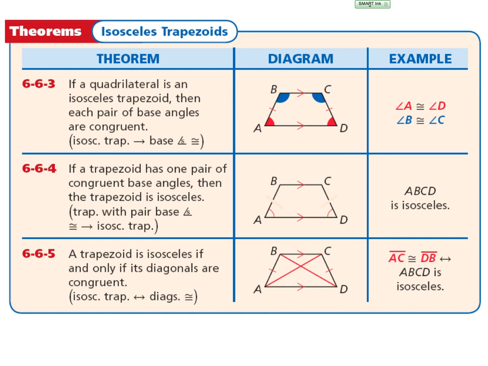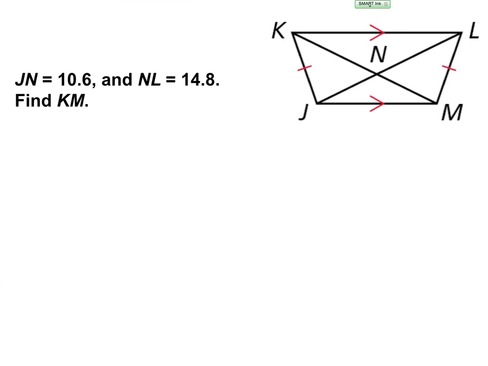Let's zip through a couple examples before we start our quiz. On this one, we've got JN is 10.6 and NL is 14.8, but we're supposed to find KM. So what are some things you can use? Is it an isosceles trapezoid? Yes, so then we've got some theorems.